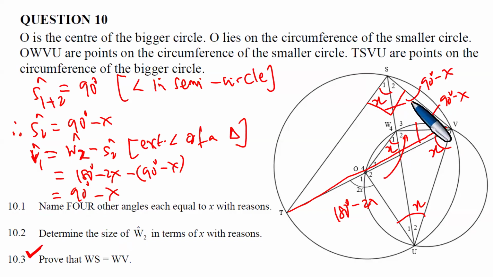S2 is 90 degrees minus x. V1 is 90 degrees minus x. And this triangle here is called isosceles. Therefore, we're able to say the line segment WS is exactly equal to WV, and these are sides opposite equal angles.